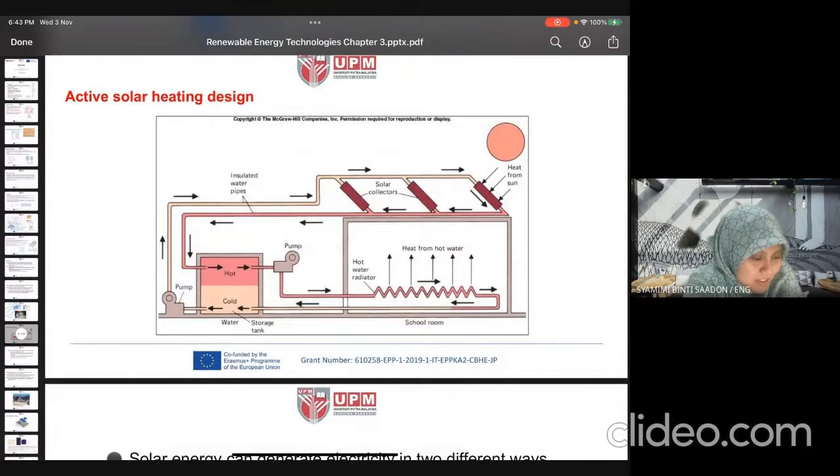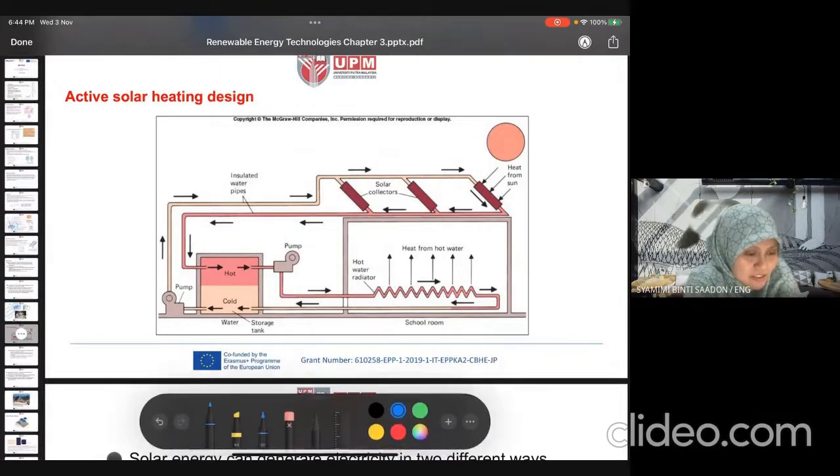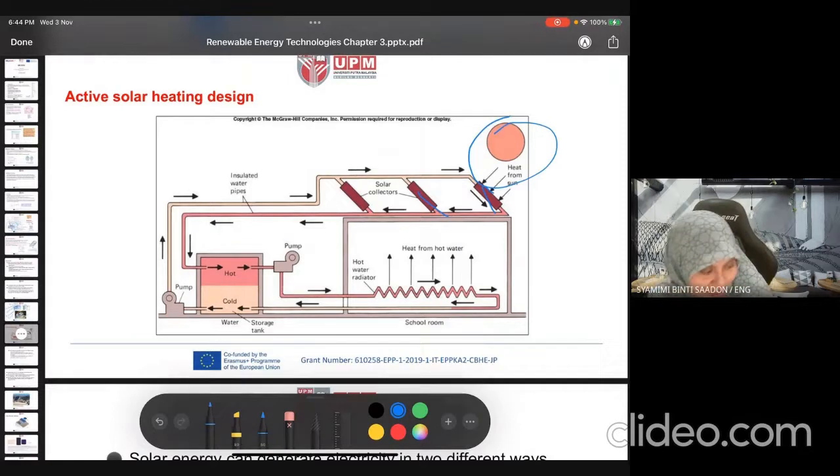So this is an example of the house, or school room, where they use solar radiation for a solar collector. The heat from the sun here is the source, and they use a solar collector. I will show you later in the next slide.